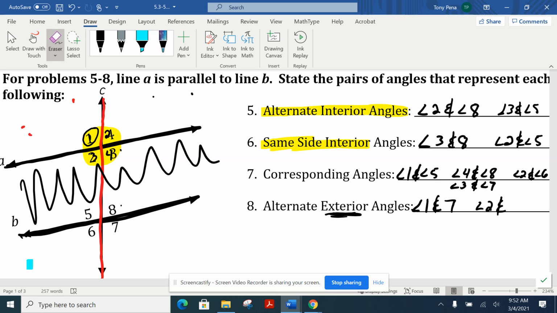What's going on? Jeez. All right, let's hurry up and do this while they're up there. So angle 1 and angle 7 was good. And then angle 4 and angle 6. All right, those should be alternate exterior angles.